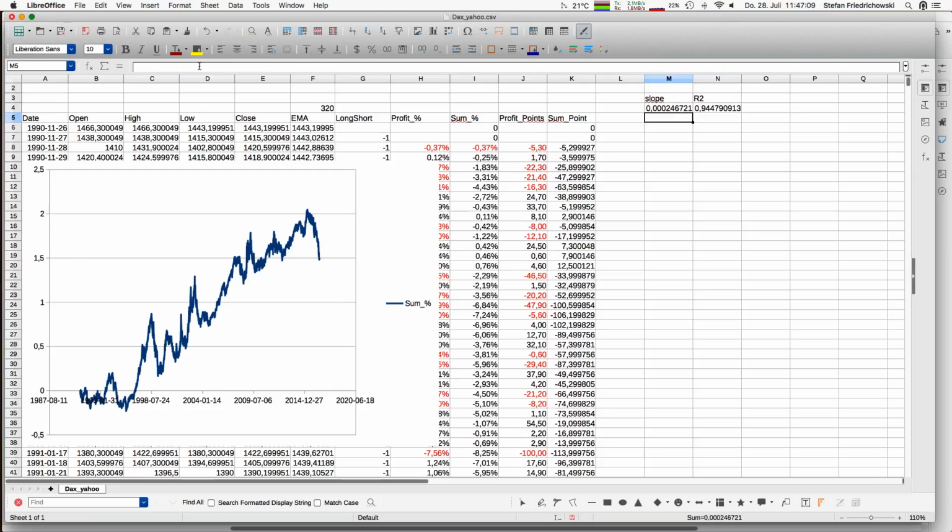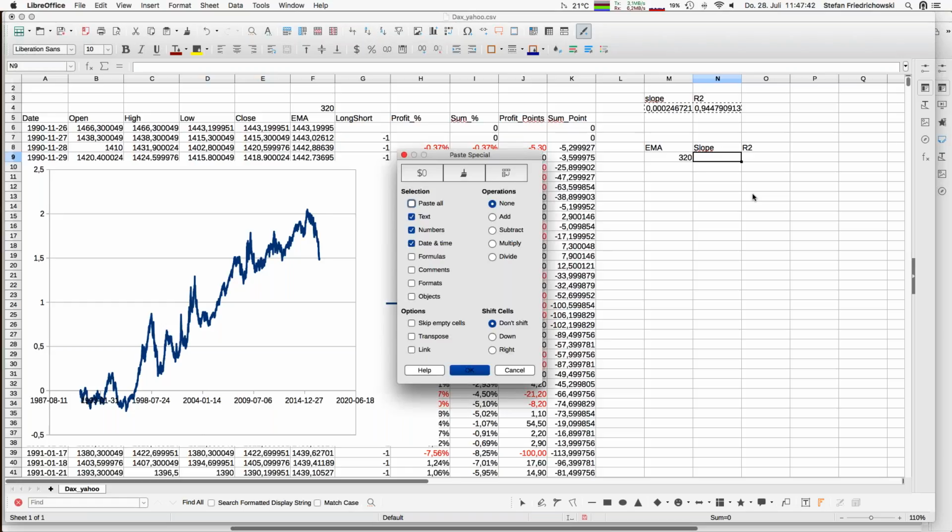And now what I would like to do here is get a table with values of EMA, the period, then the slope, and then R2. So, for example, I would be interested in, let's start with that value, 320, and then we have those values here for slope and R2. You will see in a minute what I would like to get here.